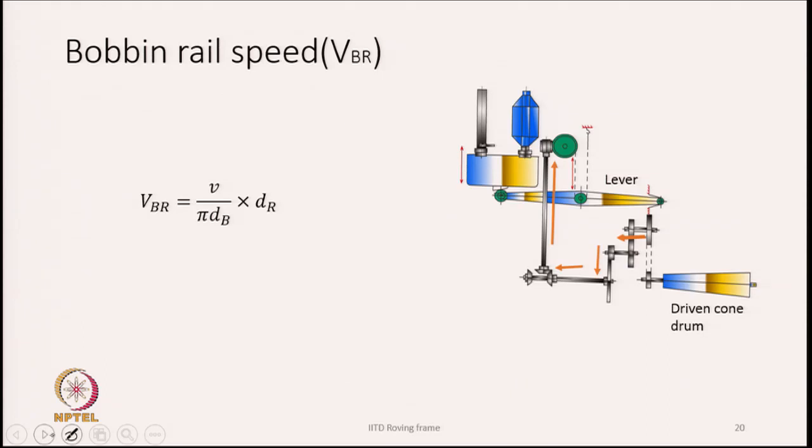Why should it change? Now, if you remember this particular equation which we derived earlier, VBR is this. VBR, the velocity of the bobbin rail, is small v by pi d into dr. That means, VBR needs to be changed as the bobbin diameter dB is increasing.